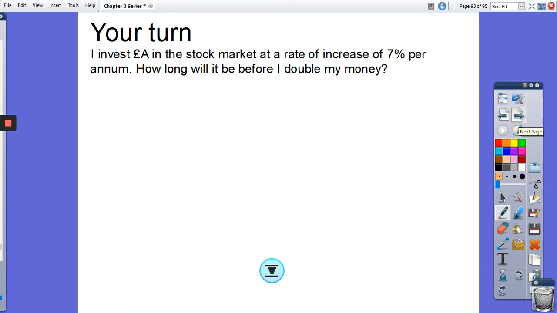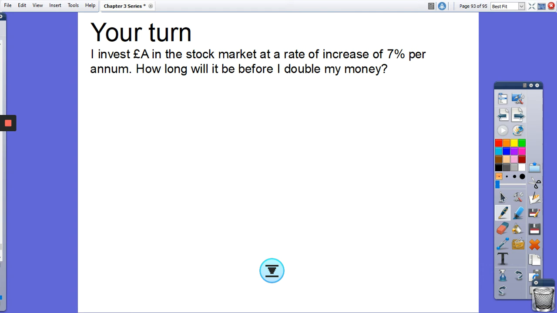Okay, hopefully you've had a go at this. This is, I'd like to say, a genuine example, in that 7% is what the stock market has historically done.